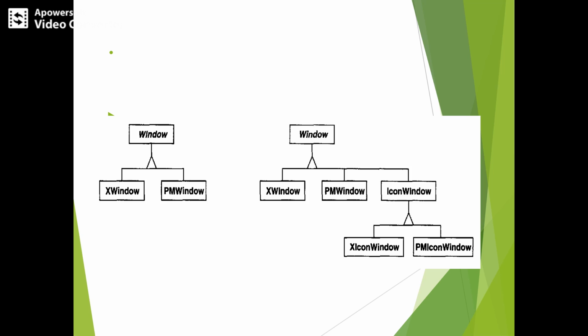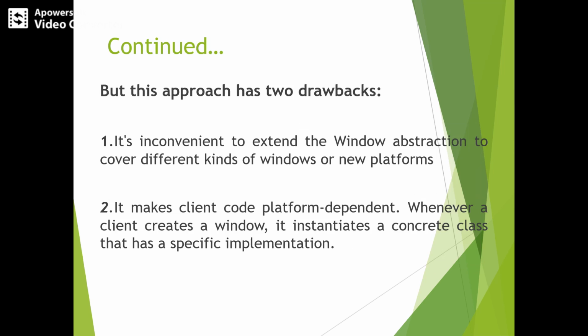To support icon windows for both platforms, we have to implement new classes, XIconWindow and PMIconWindow. So we will have to define two classes for every kind of window. Supporting a third platform requires yet another window subclass for every kind of window.